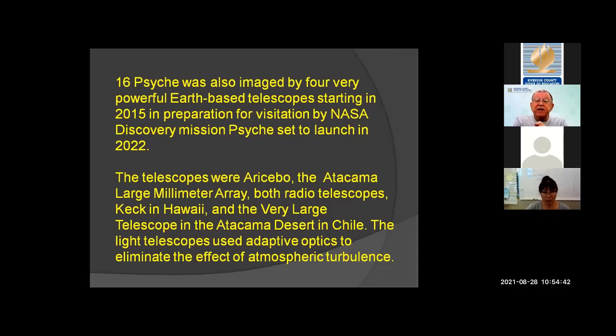To give you an idea, these telescopes were Arecibo, which has since collapsed and doesn't work anymore; that was one of the biggest fixed radio telescopes in the world. The Atacama Large Millimeter Array, which is 66 separate radio telescopes that are hooked together electronically. The Keck telescope in Hawaii and the Very Large Telescope in the Atacama Desert in Chile.